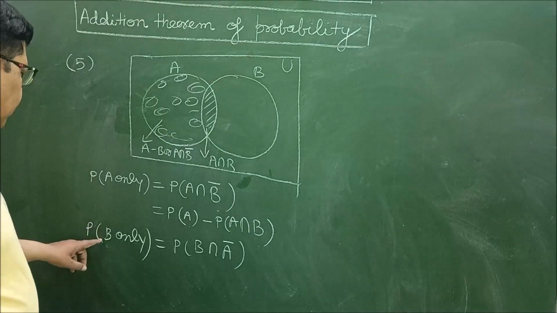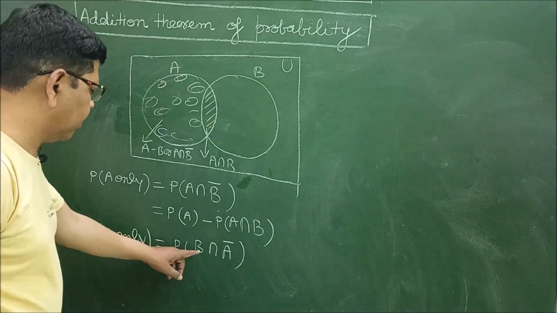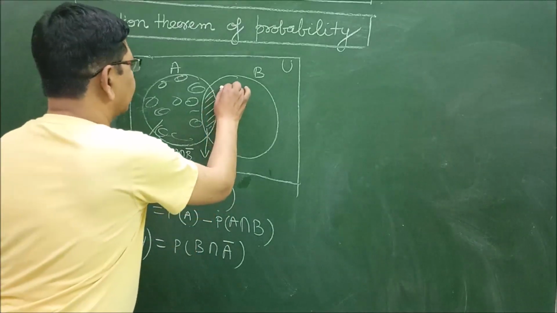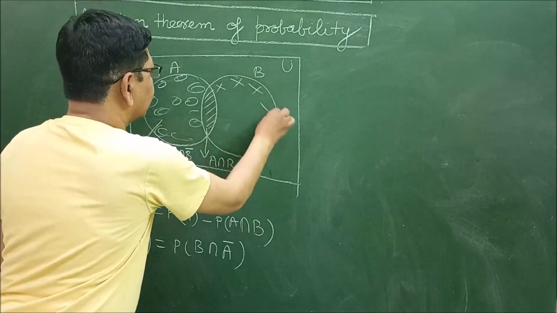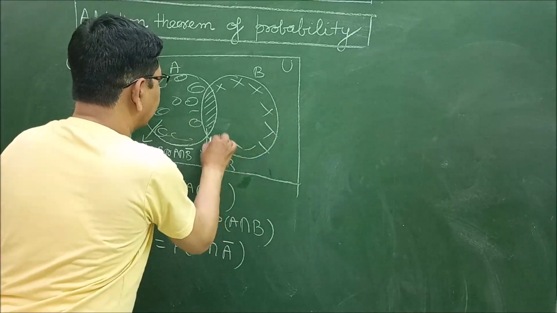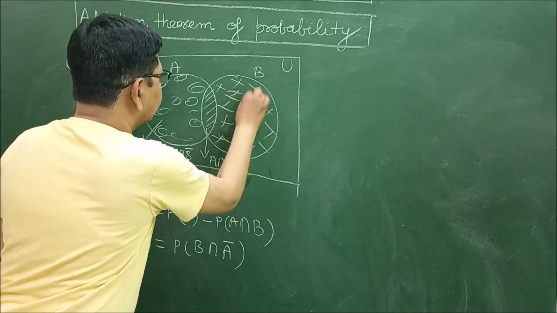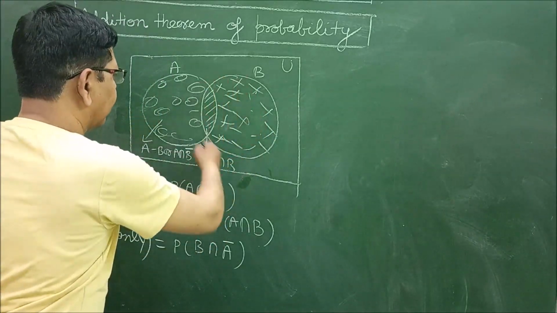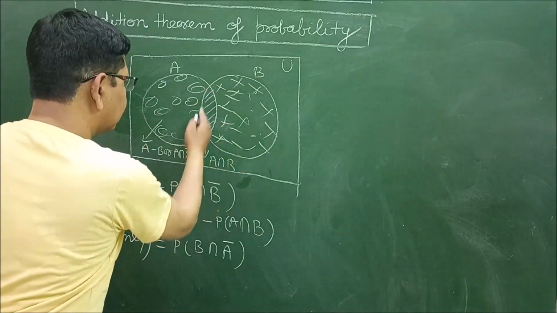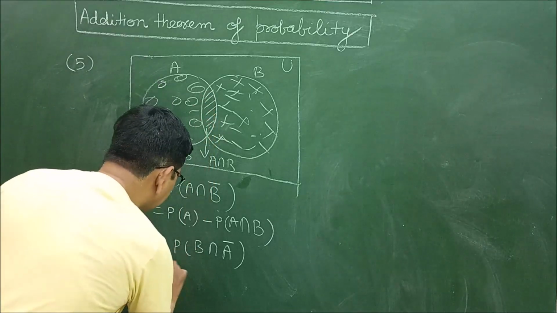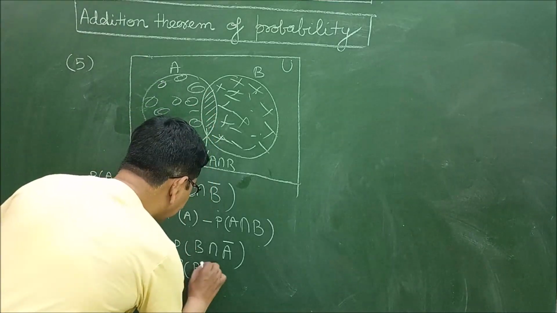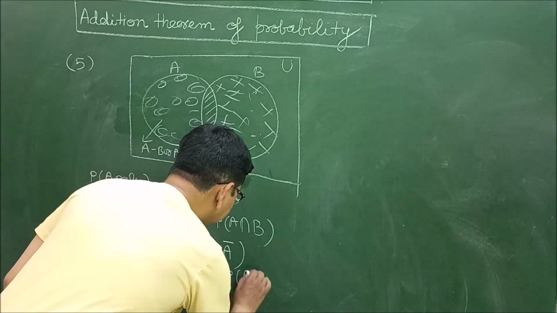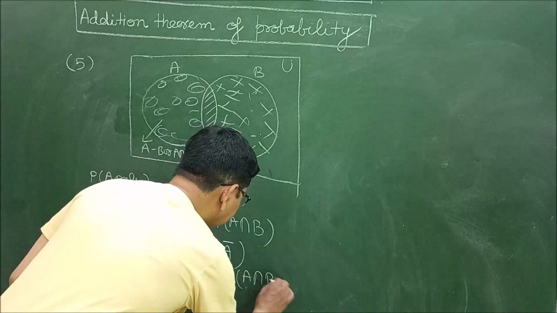This crossed region represents only B, that is this circle minus this common region. So this is equal to probability of B minus probability of A intersection B.